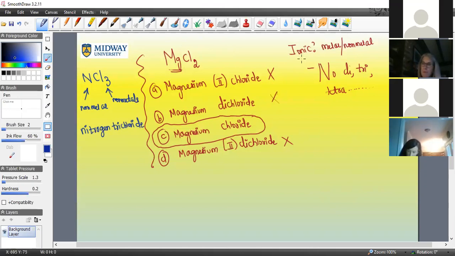And for ionic compounds or anything with a metal, you cannot use di or tri, period. Whether it's ionic or something else, if it's got a metal, you cannot use di, tri, etc. That is reserved only for two non-metals. So this is something I noticed, and I've been observing people, and I'm not saying everybody makes this mistake, but it's important that you guys understand that.